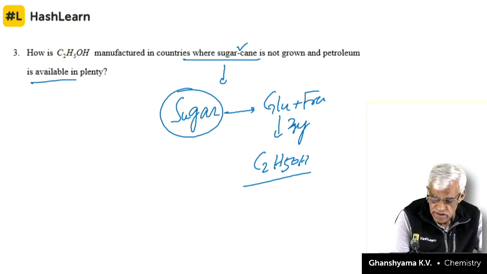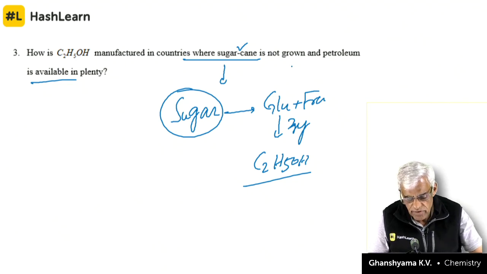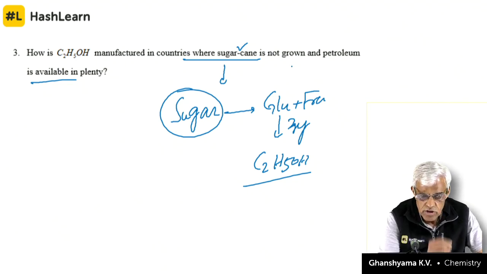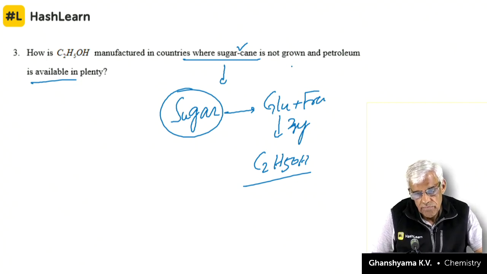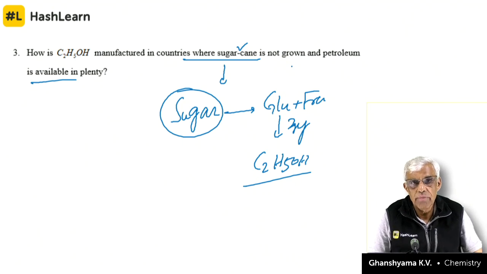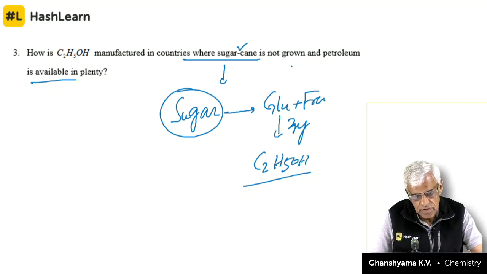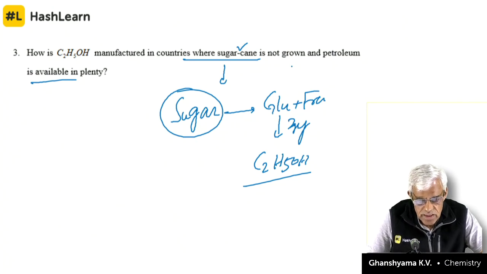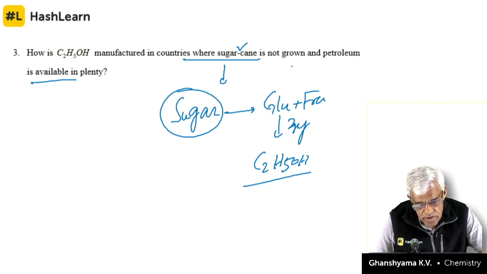But in the countries where sugarcane is not grown, petroleum is available in plenty. How is ethanol manufactured? An important method from petroleum industry. Ethanol is obtained from petrochemicals. Yes, anybody? Vishwas Gowda.